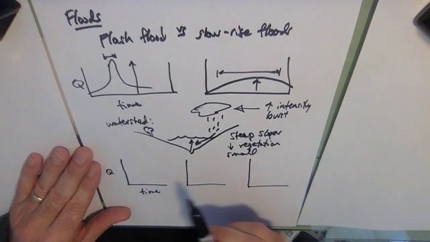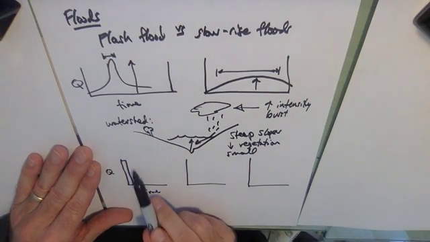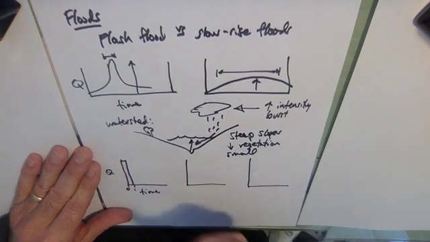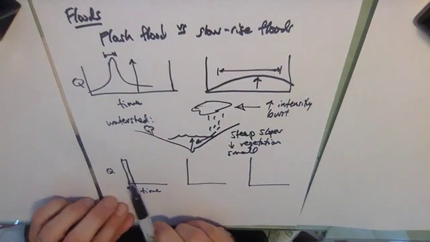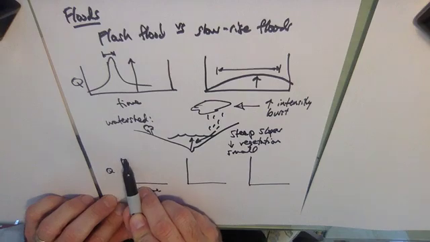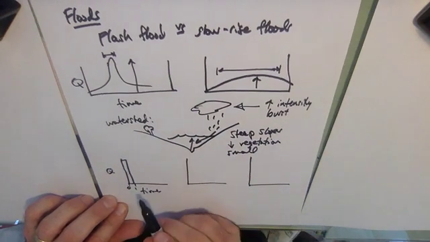I'm going to draw a little bar over here. This little bar represents a pulse of water from time 0 to time 1, like 1 hour of really, really intensive rain. So in this case, the rain turns on, it rains intensively for a fixed amount of time, and then just like you're taking a shower, it turns off and the water goes away.